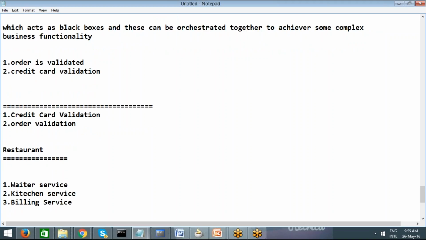For example, when you go to Domino's or Pizza Hut or let's say Subway, first you go to the executive who is standing in the store, you place your order, and you have to make the payment first, right? You go to the billing section first, then your order is passed to the kitchen, and then a waiter, or there might be self-service, and then the order is served. This is how it happens.